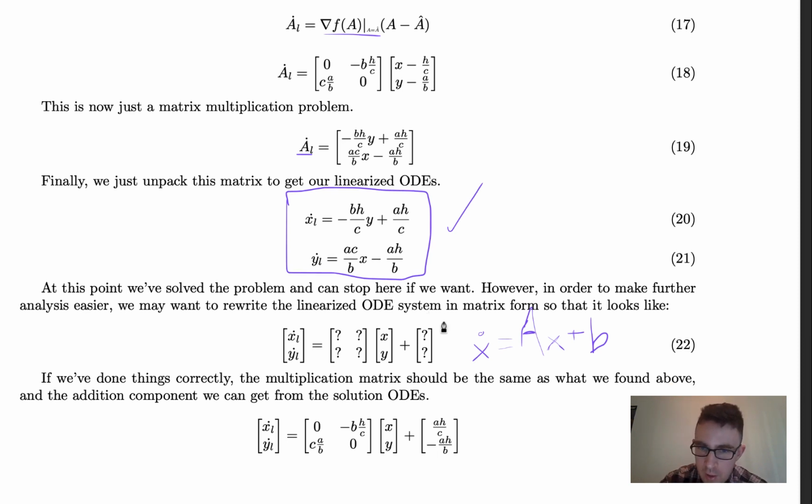This addition matrix that we're adding at the end is just going to be these terms here for the system we're working with. So we're going to put these right down here in this addition matrix. And then this matrix here is going to be this matrix from up here, before we multiplied it out.